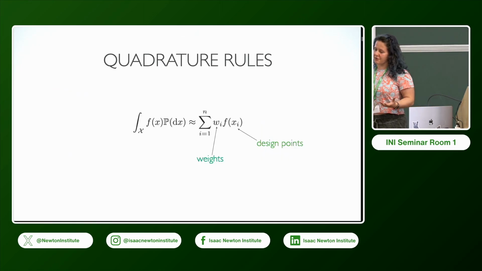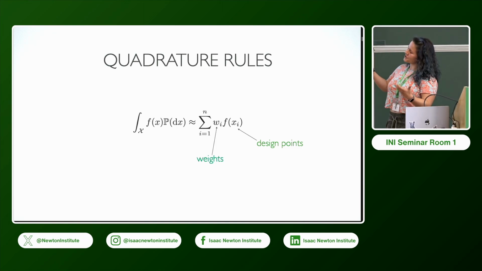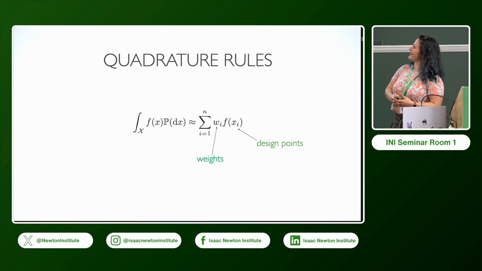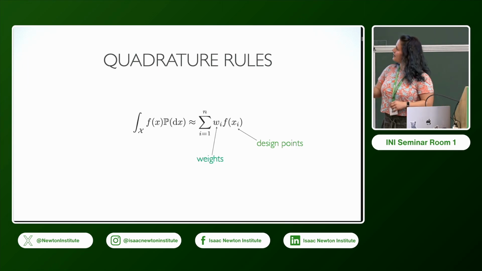A quadrature rule is a general framework for numerical integration where I'm approximating an integral over f with respect to some measure p as a weighted sum over evaluations of f over these xi's that I'm going to call design points, with some weights wi.